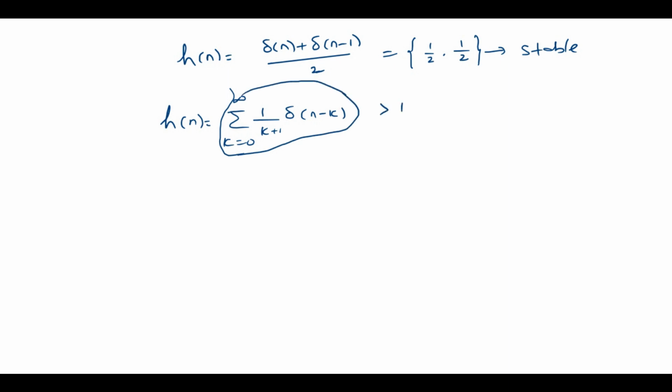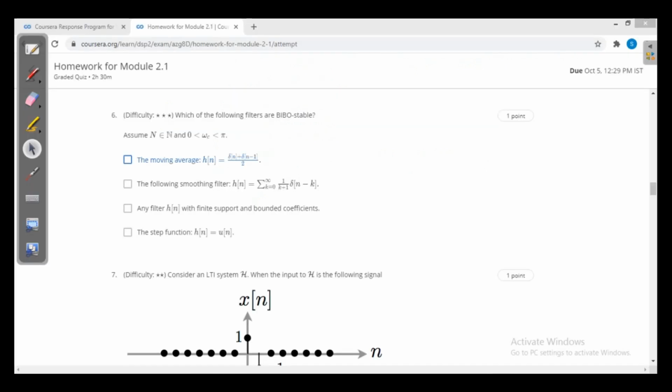You can verify: at k equal to 0 this is del of n, plus del of n minus 1, plus del of n minus 2, and so on. When you take the summation over n from minus infinity to plus infinity and add all these terms, the value is infinite, so it is not a stable function.